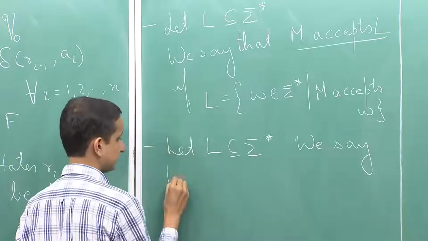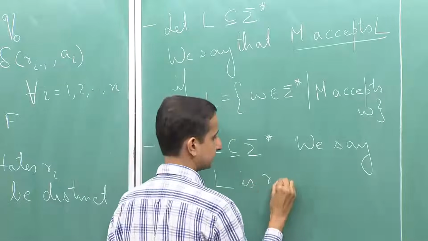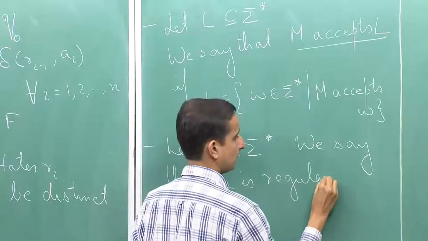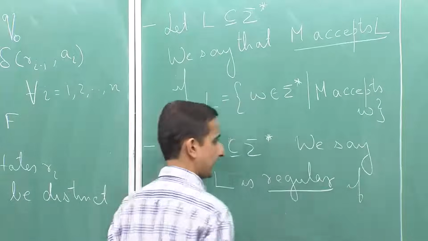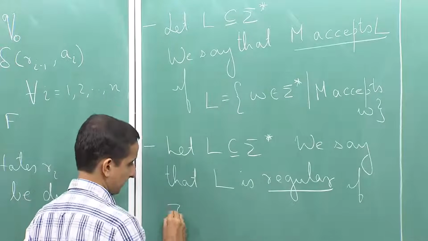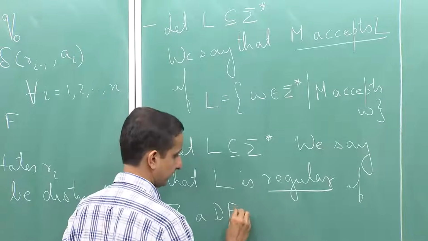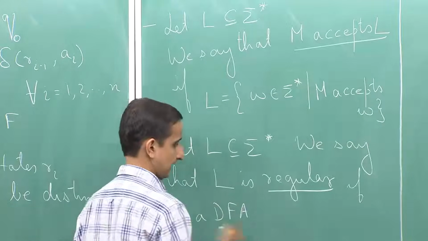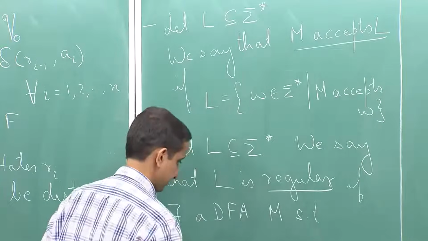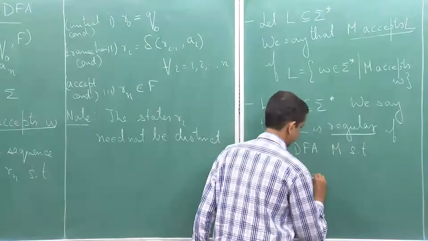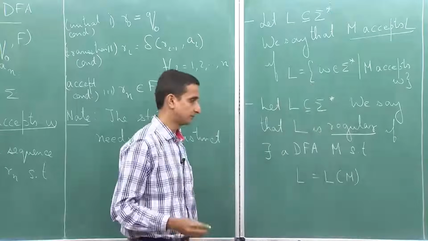We say that L is regular if there exists a DFA M such that L equals L of M. Okay.